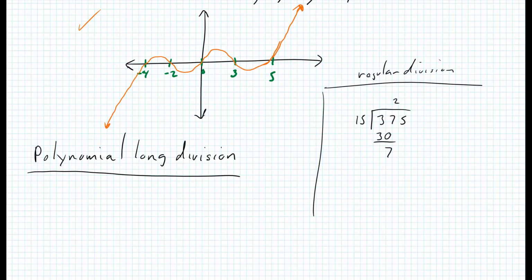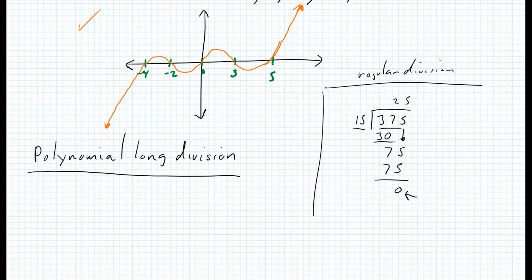You subtract, you get 7, you bring down the 5. And you say, I can multiply 15 by something to get 75. So 15 plus 15 is 30, plus 15 is 45, plus 15 is 60, plus 15 is 75. Yeah, so it's 5. And if I multiply it out, I get 75 and I get 0. If I end up with a 0 here, I know that 15 divides 375.